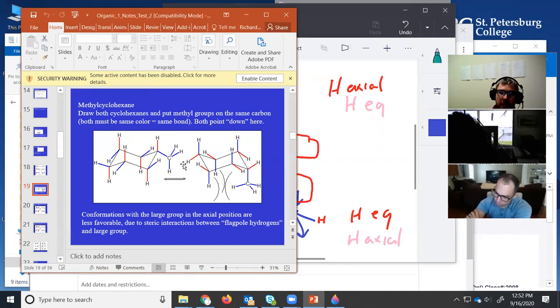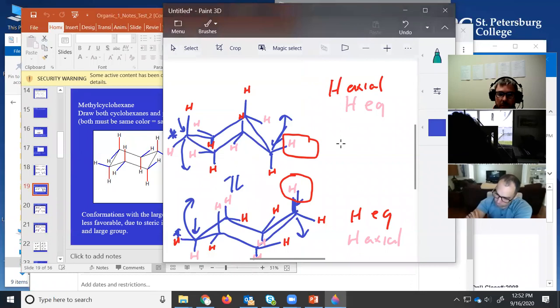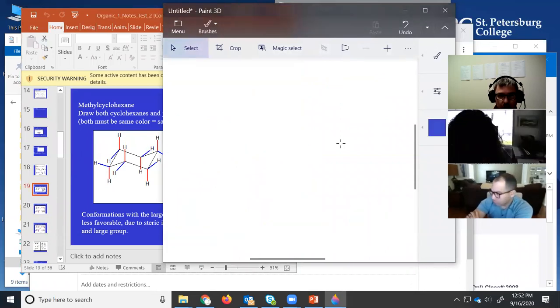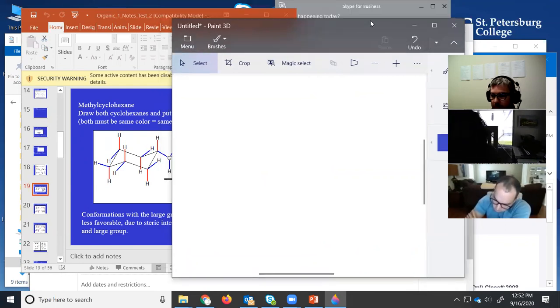Now, in so doing, what happens is that the methyl group in one conformation changes from being equatorial into being axial. So just doing this one again.